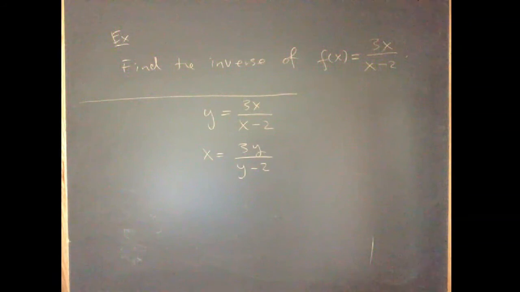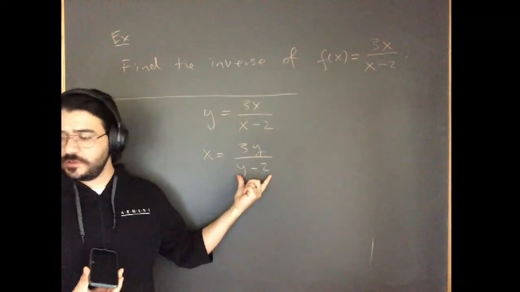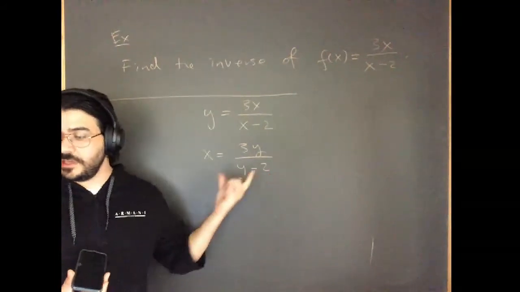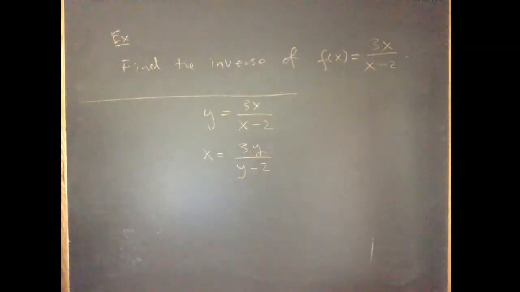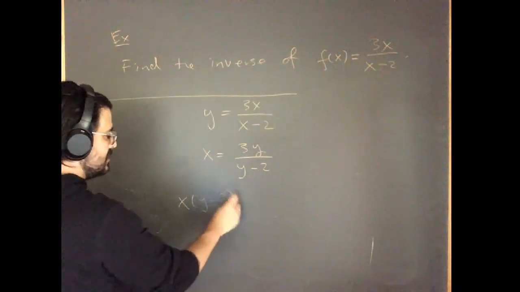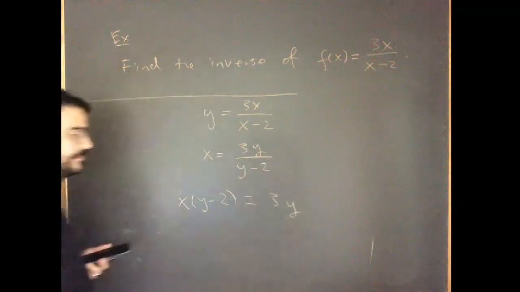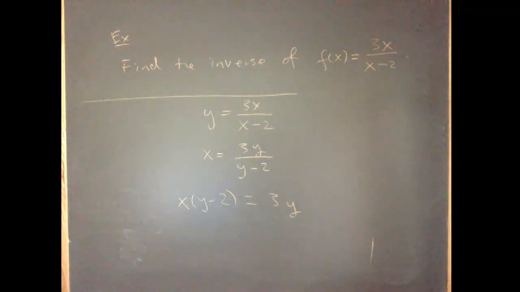Well, we don't want to multiply just by y, because that wouldn't get rid of this y minus 2. So we need the y minus 2 on both sides. We multiply both sides by y minus 2. This side gives x times y minus 2. And on this side, the y minus 2 cancels out, and you're left with just 3y.